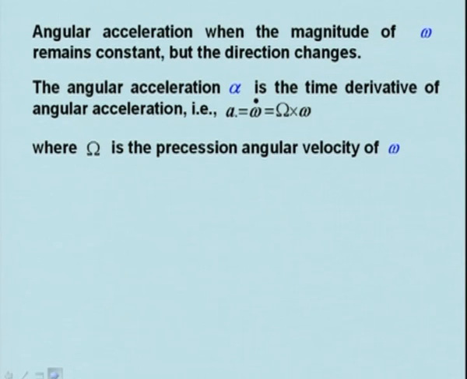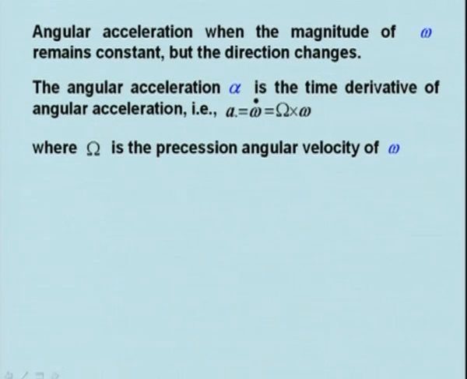So angular acceleration: when the magnitude of omega remains constant but the direction changes, we can find the angular acceleration in that case.